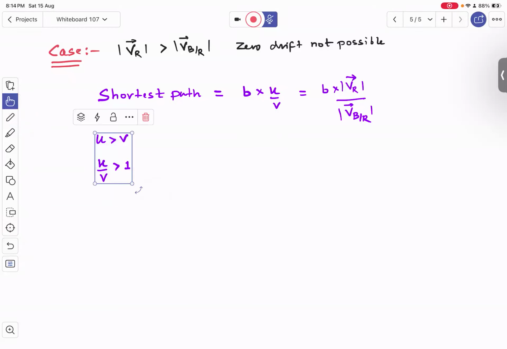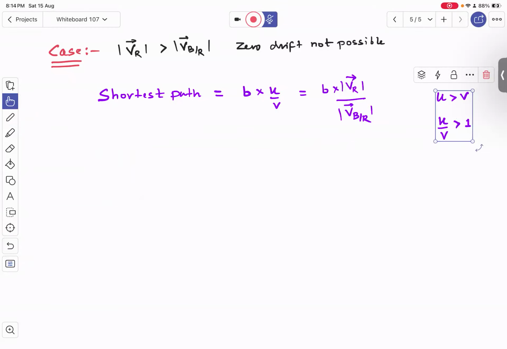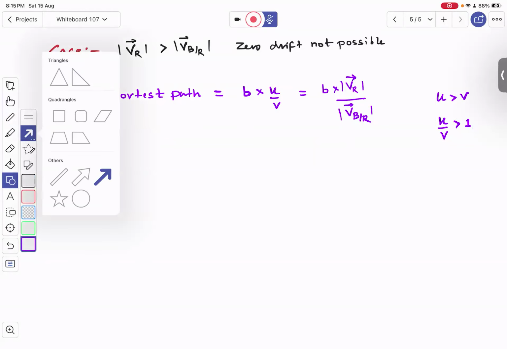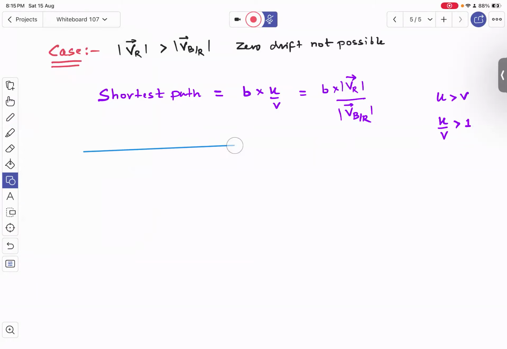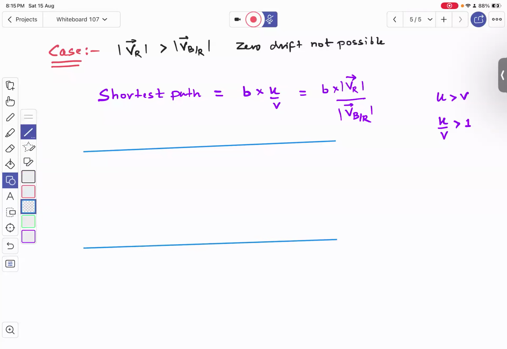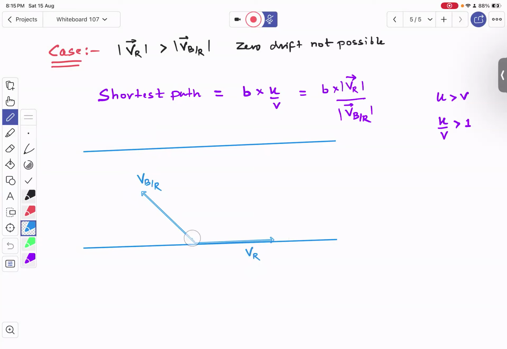Now you can't forget even at what angle the swimmer must be traveling with respect to the river, or at what angle the boat must be traveling with respect to the river. Such a nice result it is. So in this case also, the velocity of the boat with respect to the river and the velocity of the river will have an obtuse angle between them, like the earlier case.